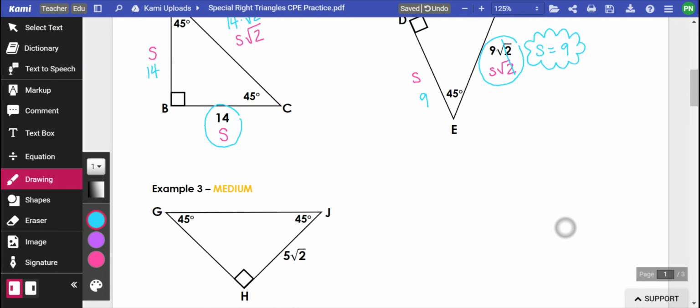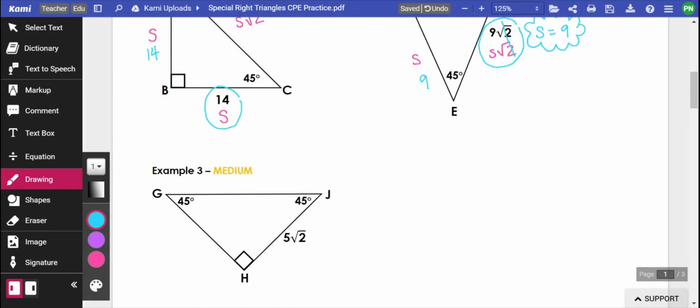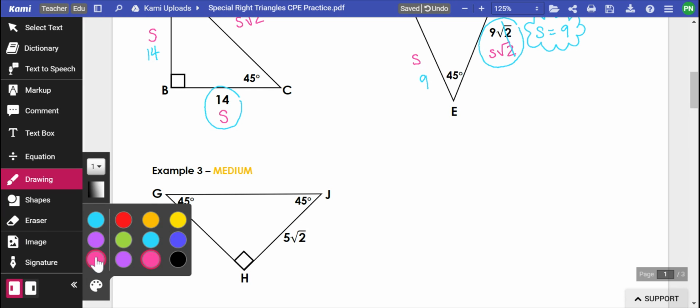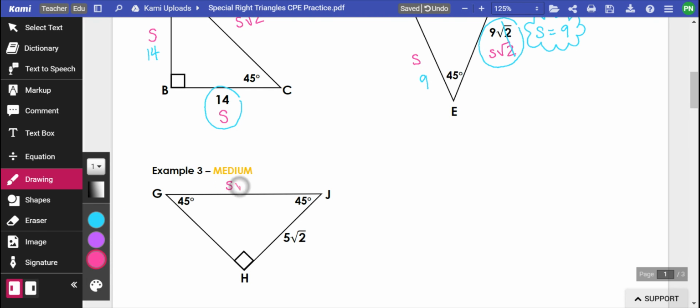We're going to go into a medium problem now, medium difficulty. So here we've got another 45, 45, 90 problem. I'm going to label my sides with the template. And we're trying to do different orientations too so that you always recognize which side goes where.